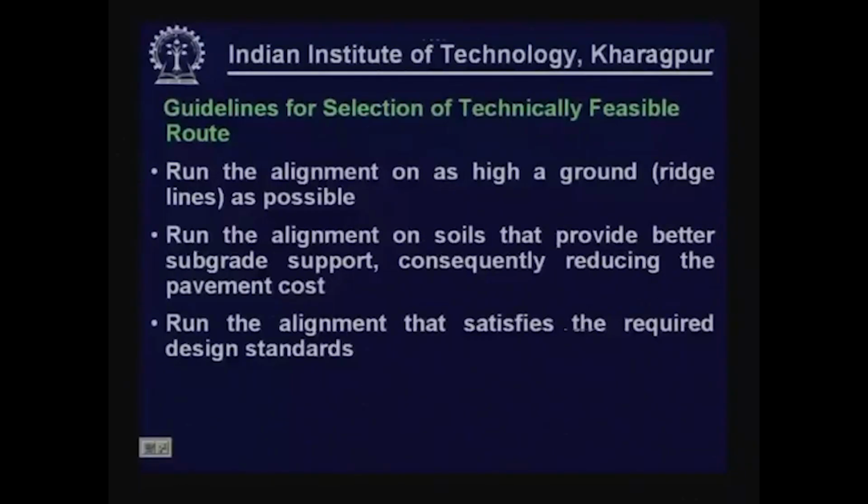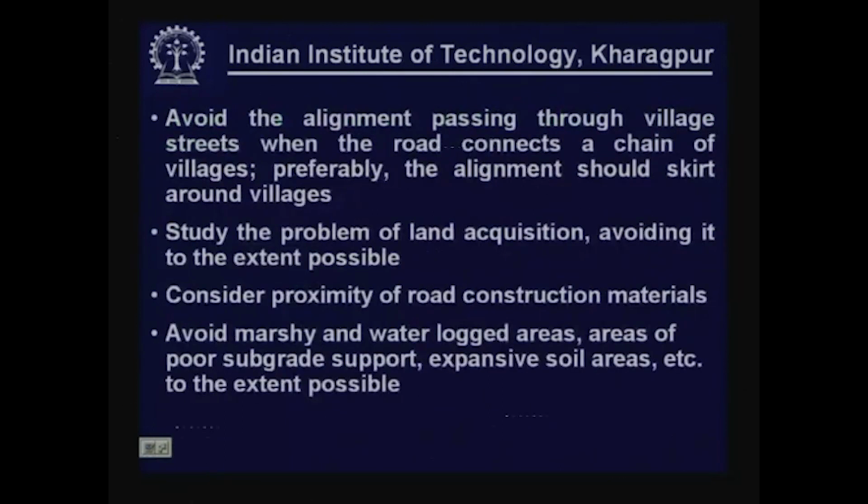Run the alignment that satisfies the required design standards, this is understood. Avoid the alignment passing through village streets when the road connects a chain of villages. Preferably the alignment should go around the village, because there are settlements and habitations.